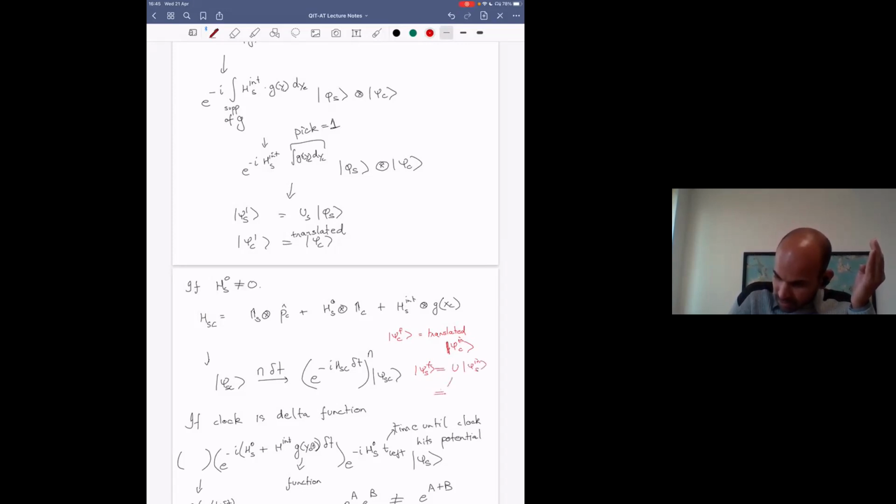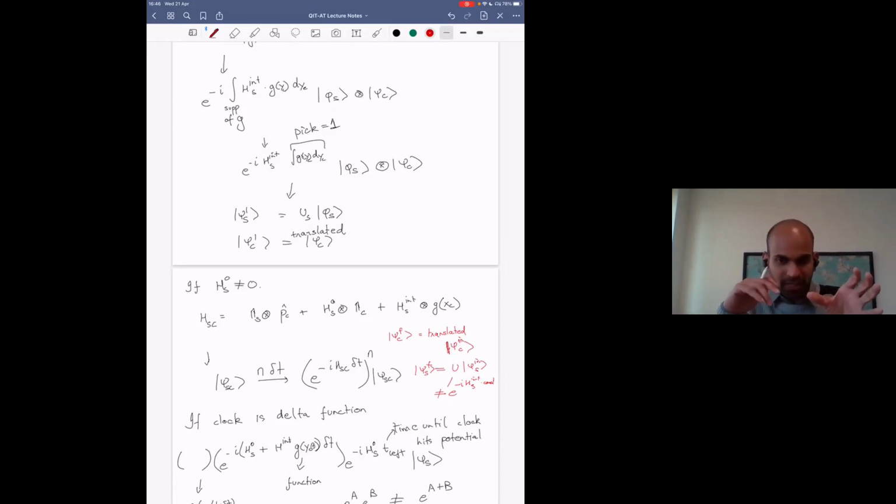is not in general equal to e to the minus i h int of s times some constant. And this is because, as we discussed, it's not trivial because there's a commutation relation between these two. However, there is some unitary that is performed in the system.